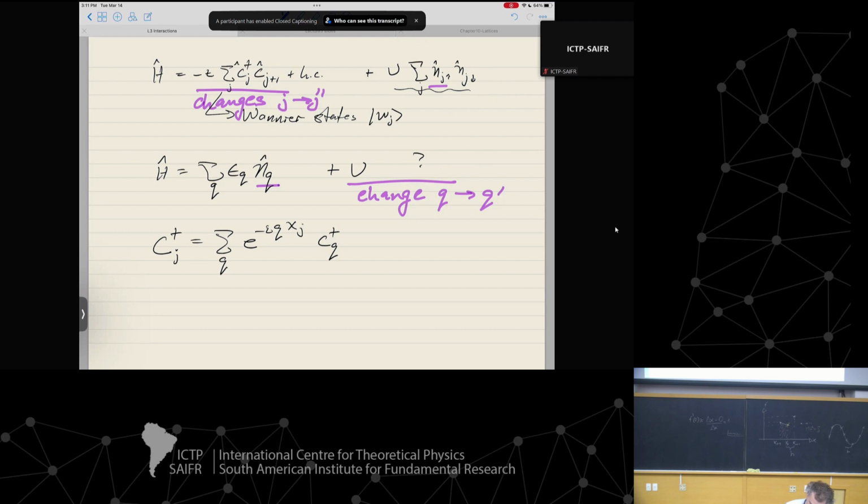So this is a creation operator for a Wannier state, whereas this is a creation operator for a Bloch state.